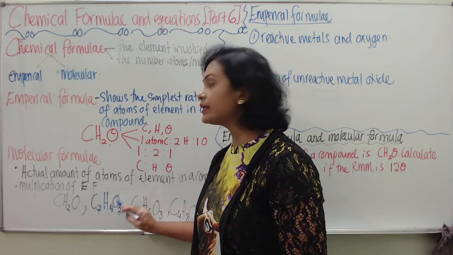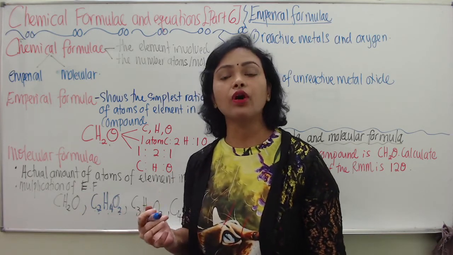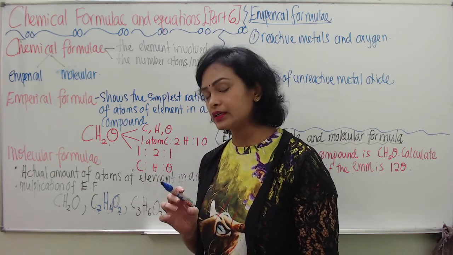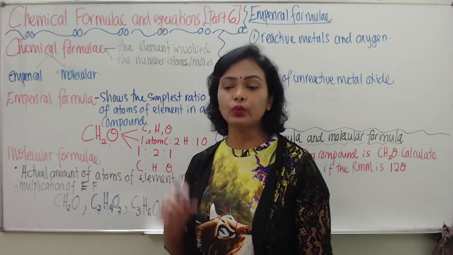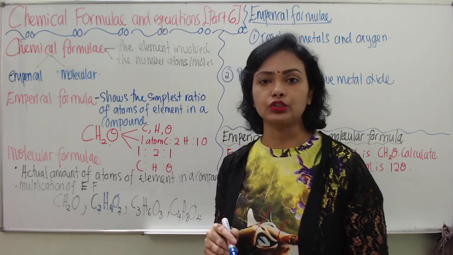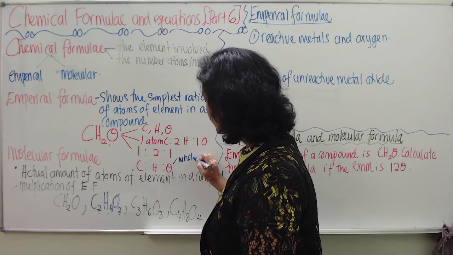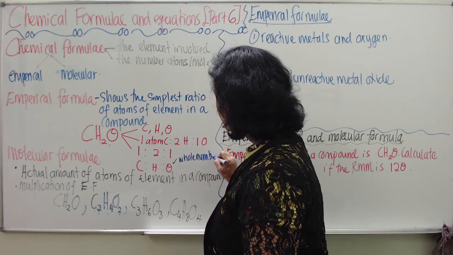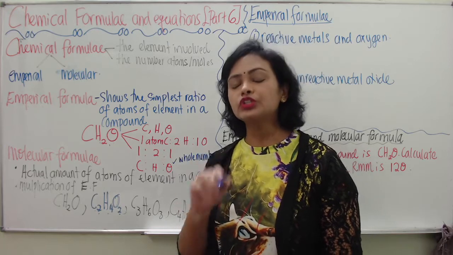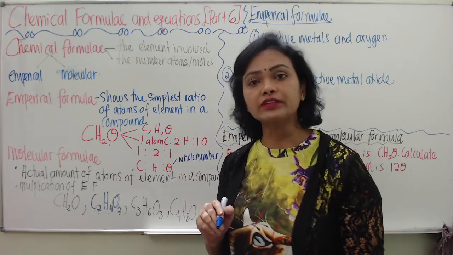Here we don't have a ratio, because it is a multiplication of the empirical formula, which gives the actual amount of atoms. So the teacher doesn't introduce the word ratio here. Only for empirical formula can we look for the ratio, and please remember, the ratio must be whole numbers. It cannot be in the form of a decimal. The teacher will explain further in the part 7 video.